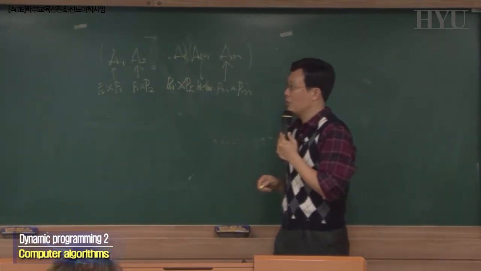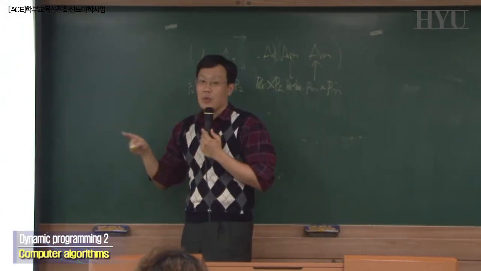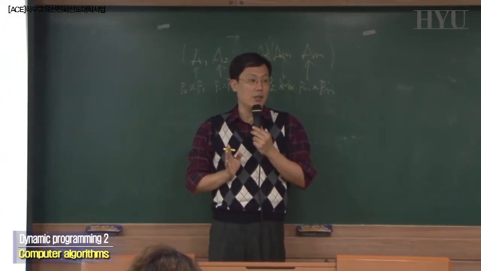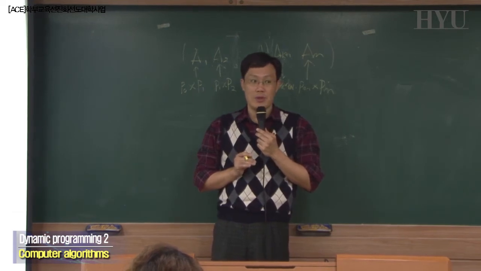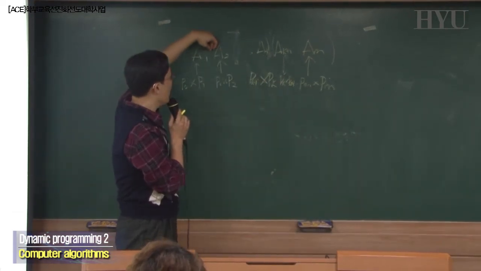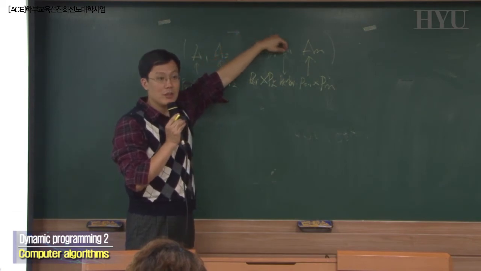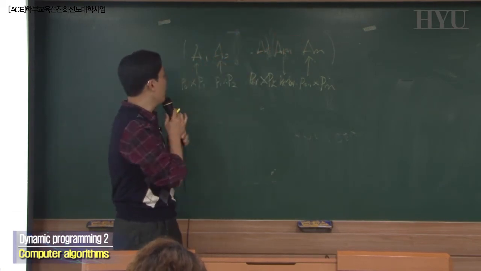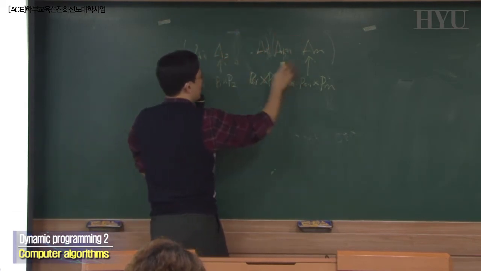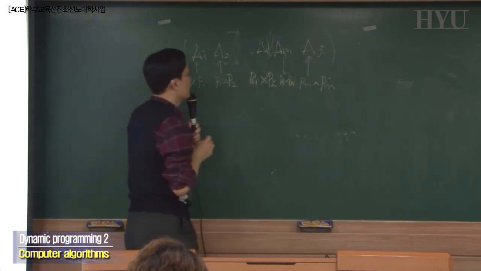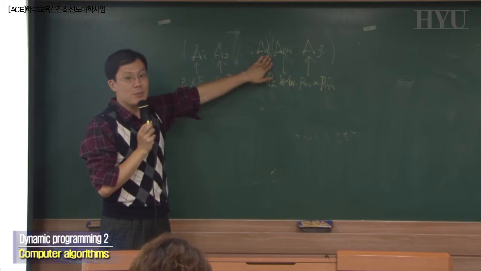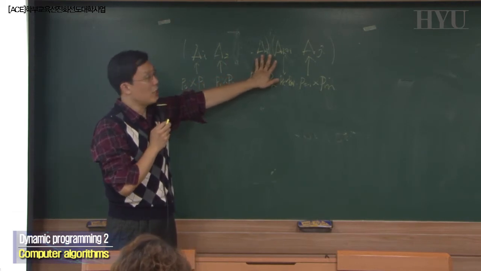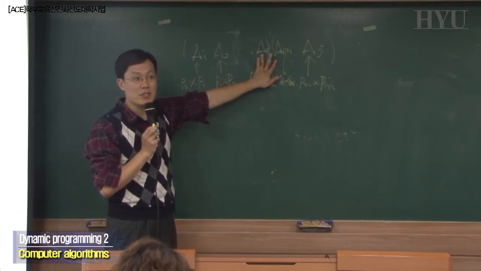So, in this case, we consider every k. K runs from i to j minus 1. That is, we consider every multiplication in this run. Okay, it's i and it's j. And then, this means when the multiplication between these two matrices is the last.